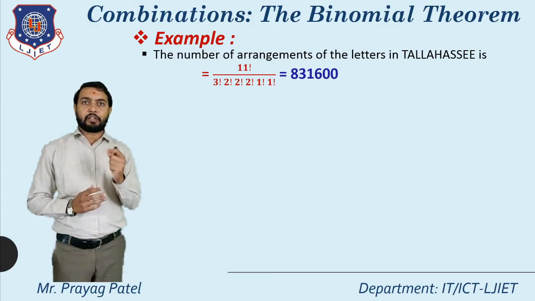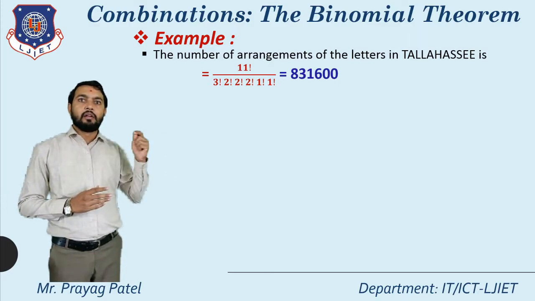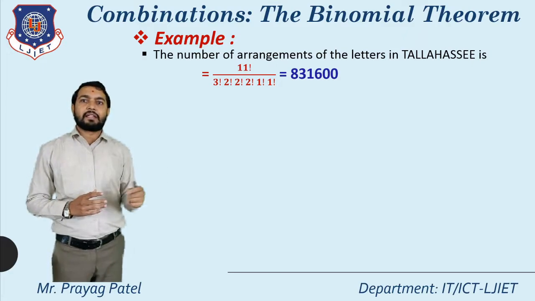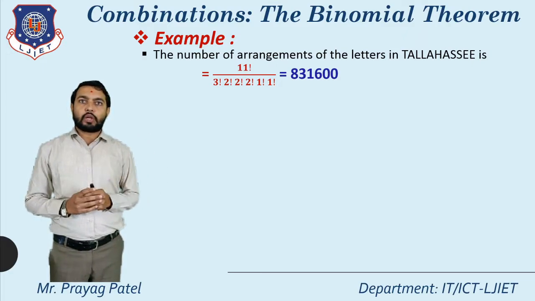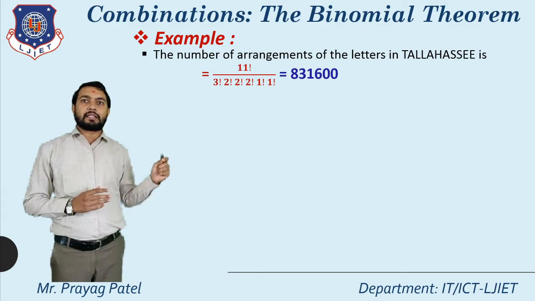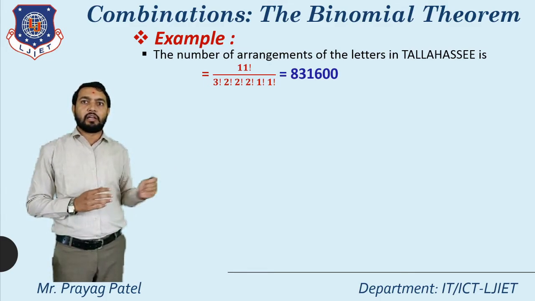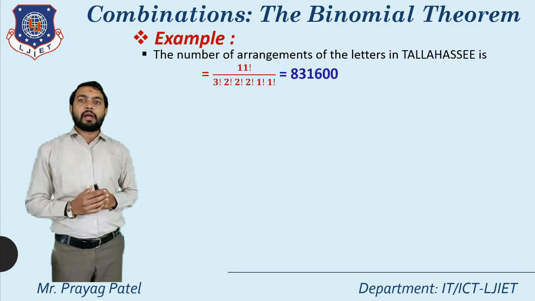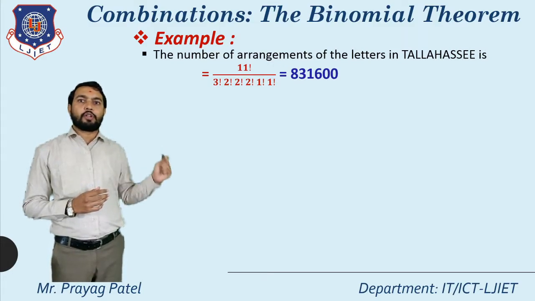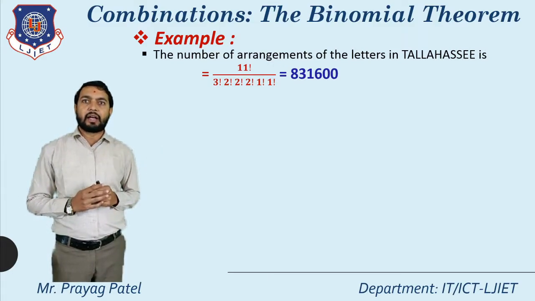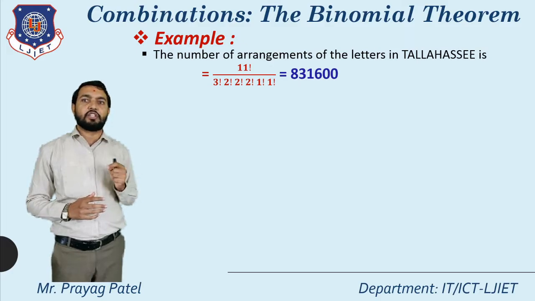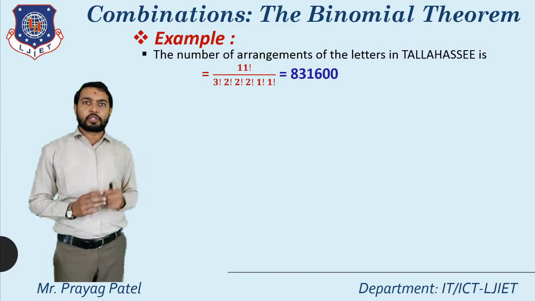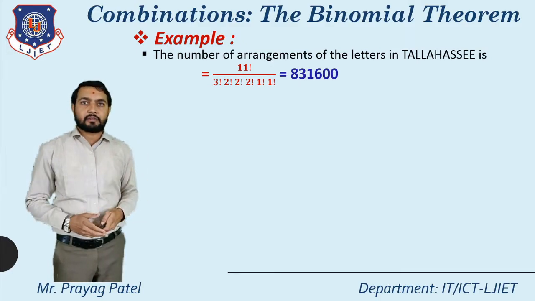Here A is repeated 3 times, L 2 times, S 2 times, E 2 times, and the remaining elements appear a single time. So 11 factorial divided by 3 factorial, 2 factorial, 2 factorial, 2 factorial, 1 factorial, 1 factorial, and the answer equals 83160 different ways of arranging these letters.